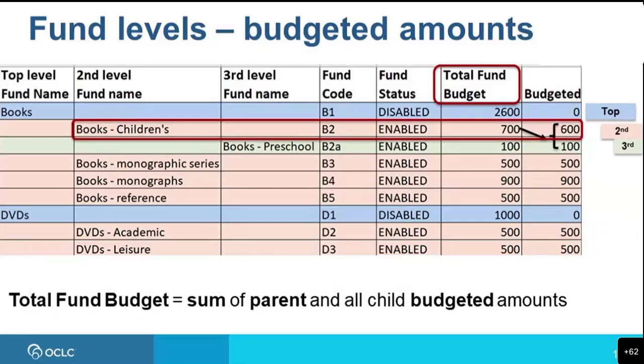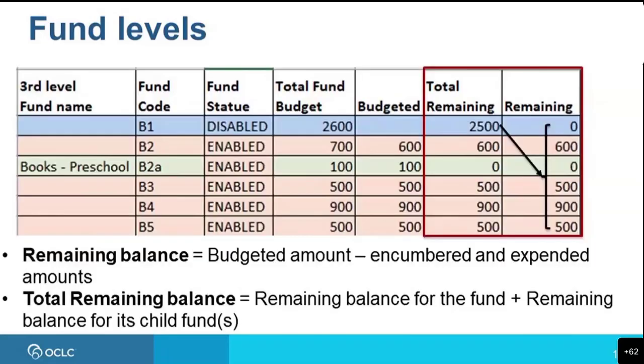Notice also that the second level fund, Books Children's, has a budgeted amount itself of $600, but its total budgeted amount is $700, which is the sum of that $600 and the budgeted amount of $100 for its child fund, Books Preschool. And here I've added a column for the total remaining balance and a column for the remaining balance. So the remaining balance equals the budgeted amount minus the encumbered and expended amounts.